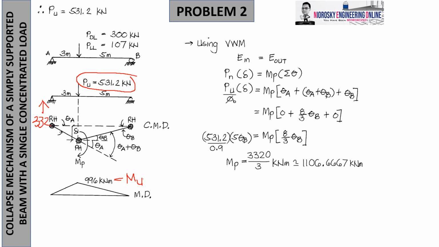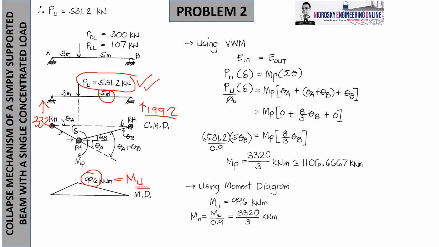And the other side, just simply deduct it, so magiging 199.2. So therefore, 332 times 3 is 996, or simply 199.2 times 5 is also the same value. That's under ultimate. Bakit? Yung load kasi natin P sub U, factored yan, right? If you recall.